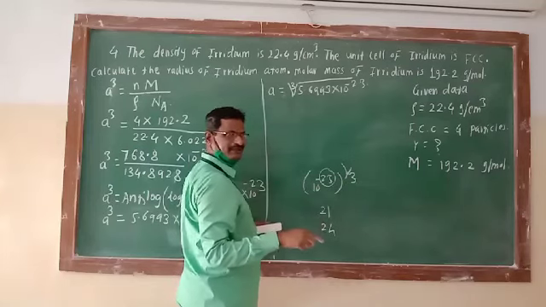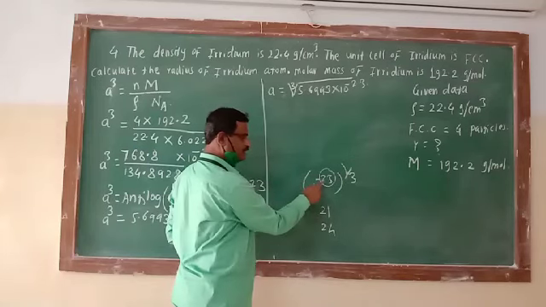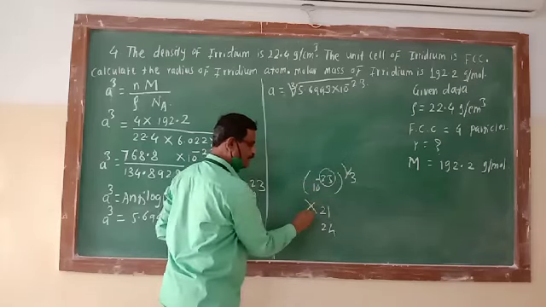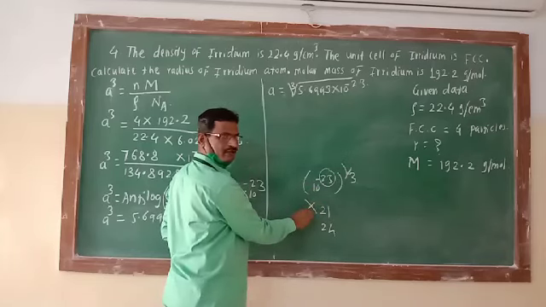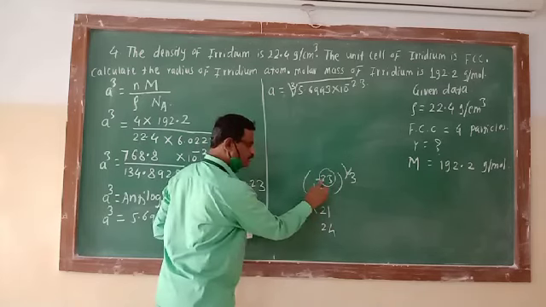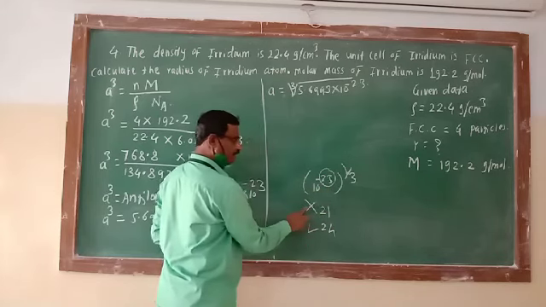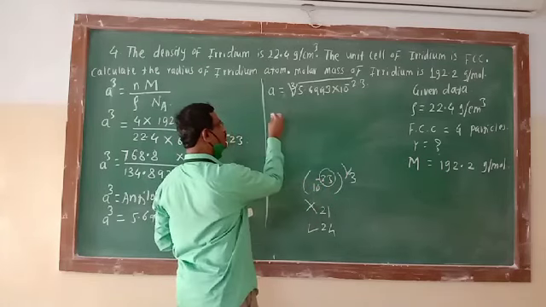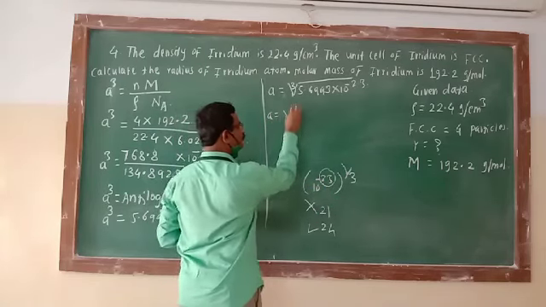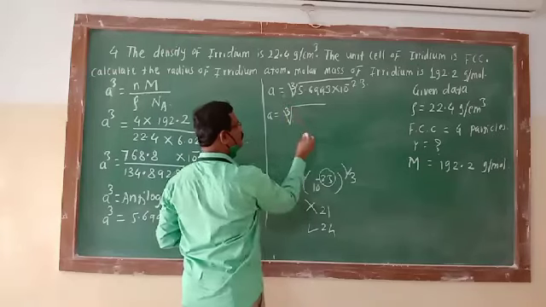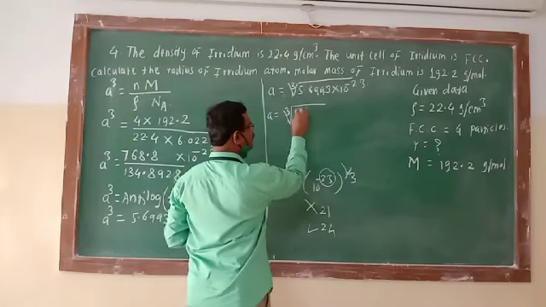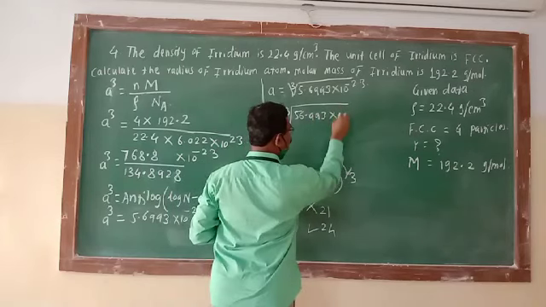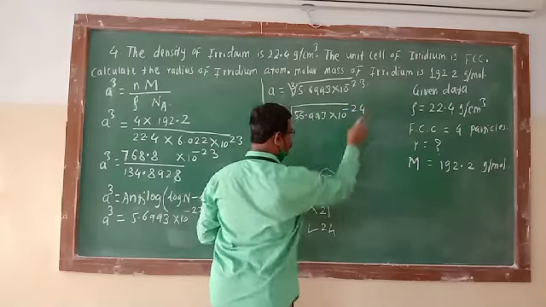And for simplicity, always convert this 23 to 24, not 21. So if this will be 24, what will happen? a will be equal to cube root of 56.993 into 10 raised to minus 24.